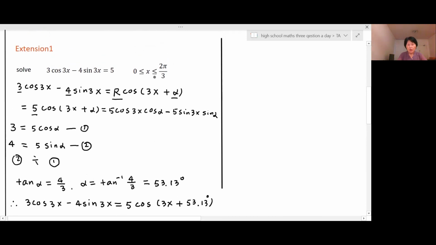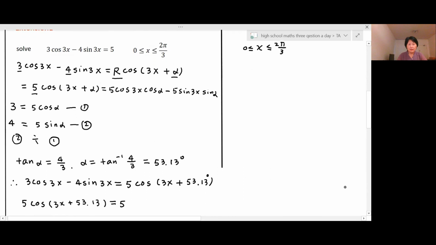Okay, so the question gives the domain: x is less than or equal to 2 pi and larger than or equal to 0. So now I have 3x plus 53.13. I times the domain by 3 first.